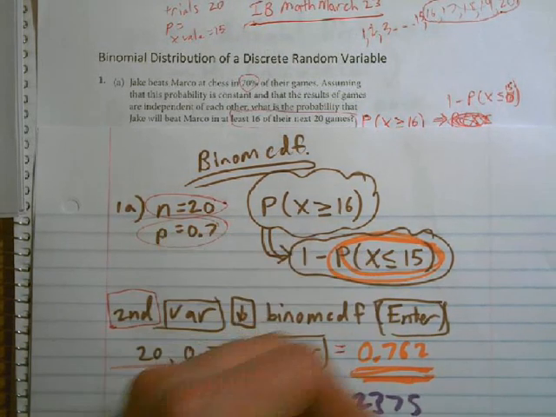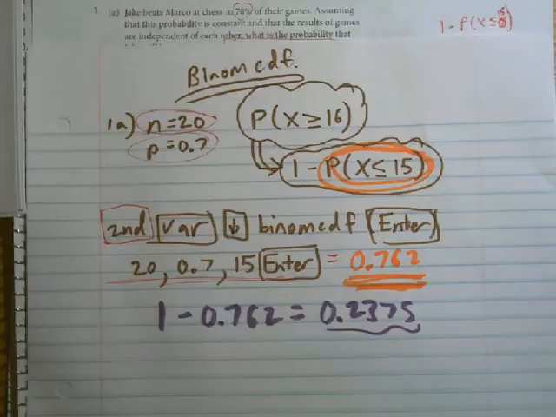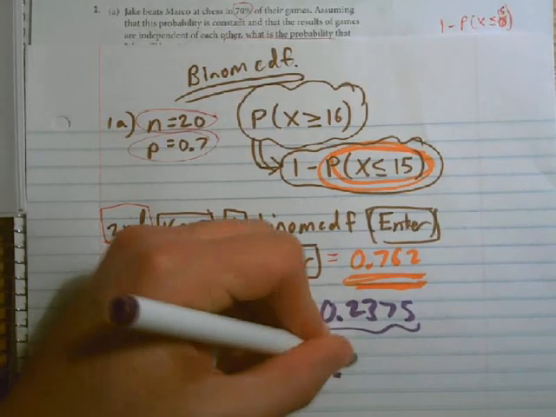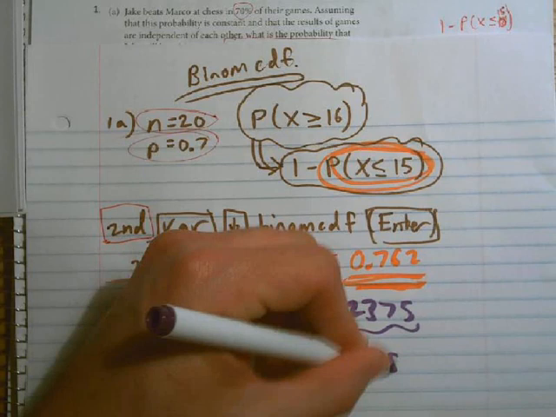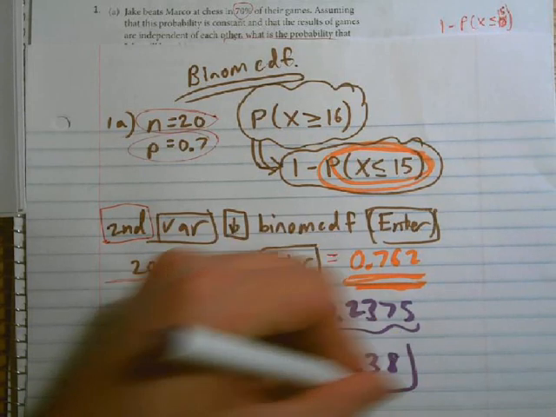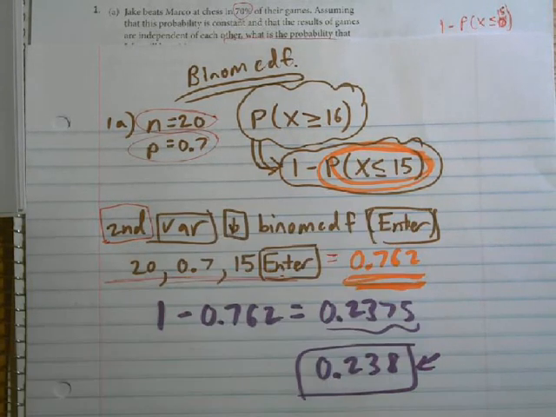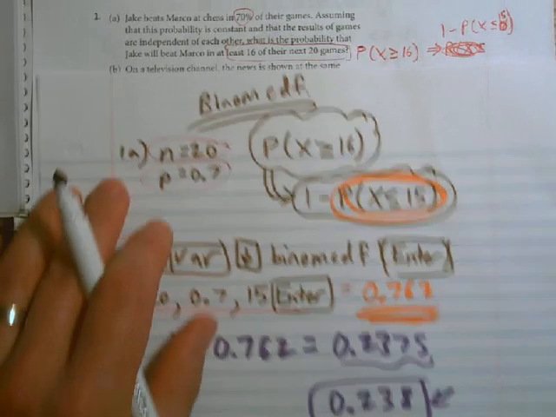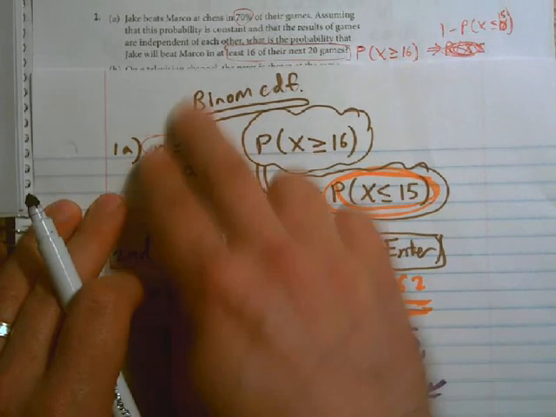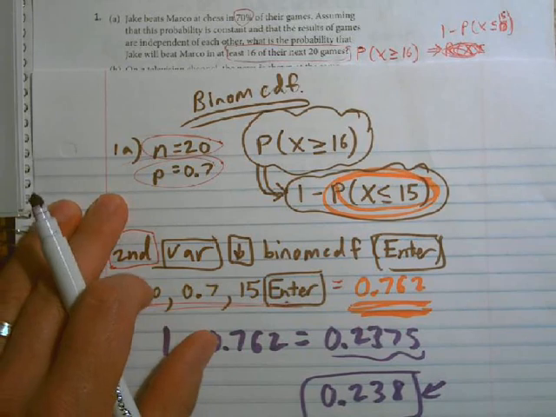And rounding to 3 sig figs, that is 0.238. And that is the probability of winning 16 out of 20 games.